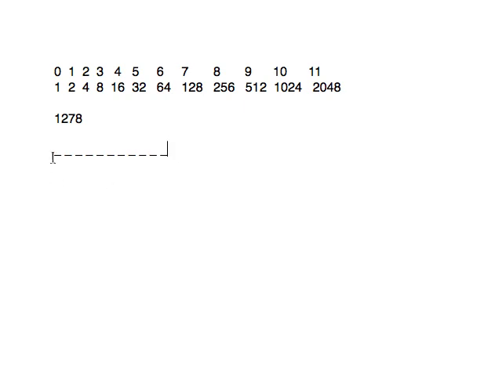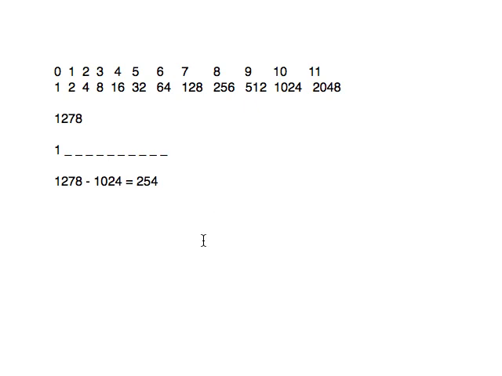Okay. Change this one to a 1, which means I can use 1,024. 1,278 minus 1,024 equals 254.